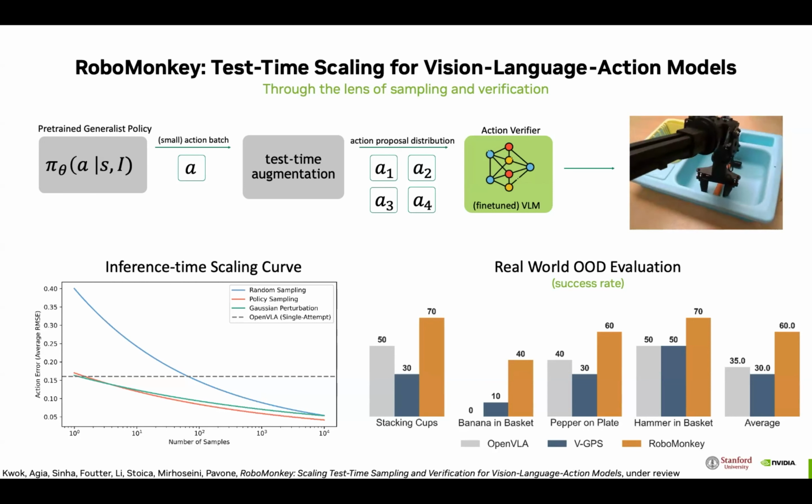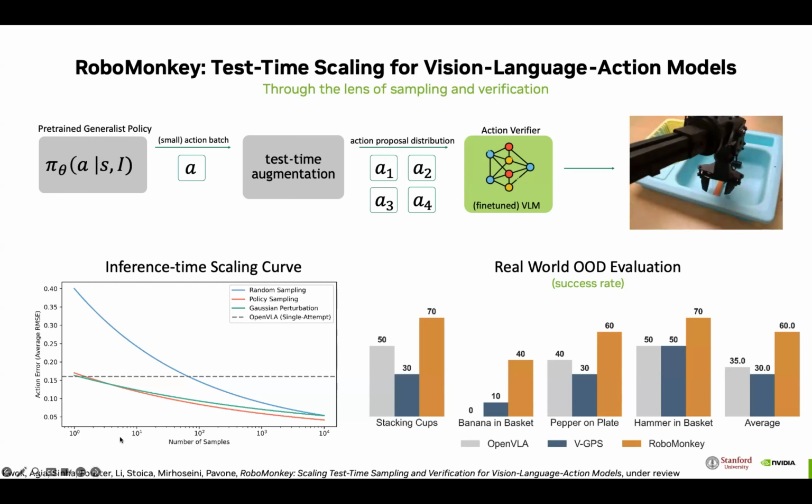And then online, we sample multiple actions, so we do a bit more work, and then we score these actions with this verifier. Of course, there are a lot of details that I'm not sharing here to cover other topics, but essentially the tidbit is that we see inference time scaling curves similar to what we've seen with large language models.